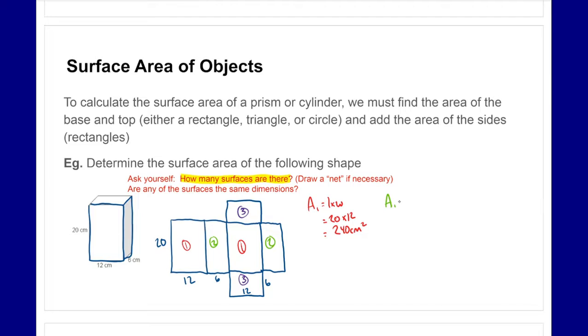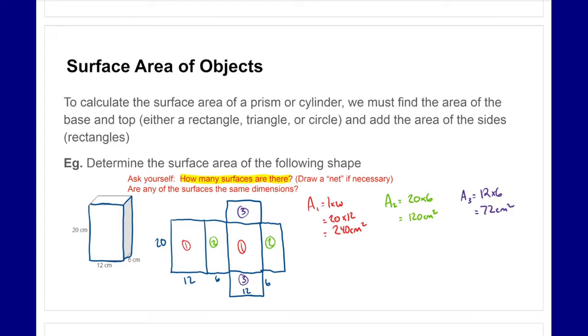For the next area, length times width again, 20 times 6 equals 120 centimeters squared. Oops, that was area 1, that was area 2. Area 3 is equal to 12 times 6, which equals 72 centimeters squared.